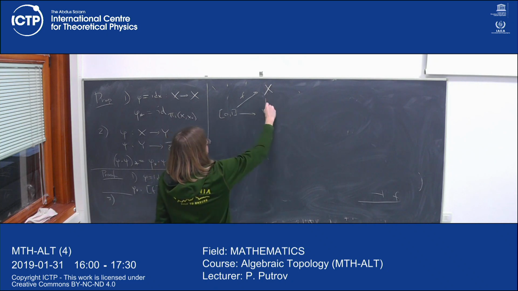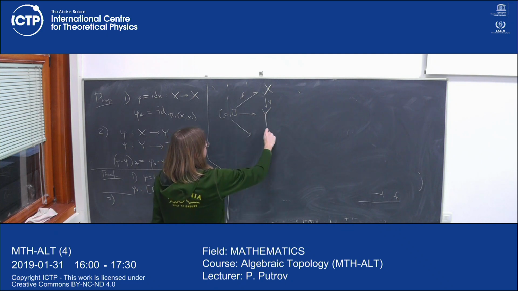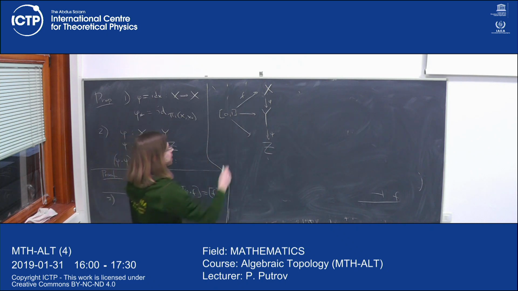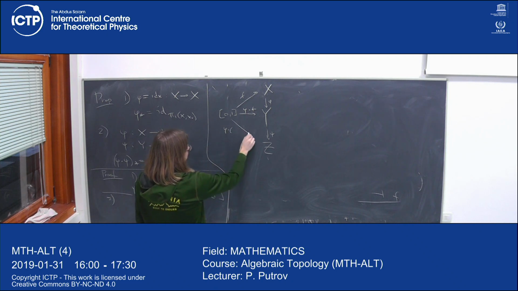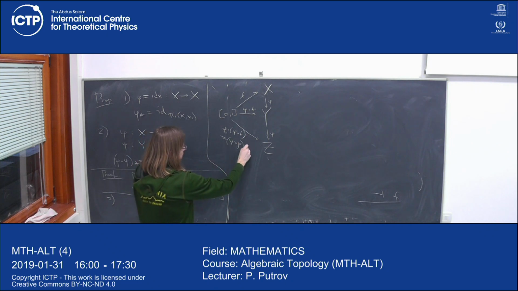I have a map phi from X to Y, and a map psi from Y to Z. Then the loop f is pulled back to the loop phi composed with f, and if we do the same here, we get the composition of psi, phi and f. But this composition is the same, so we can first compose psi with phi and then compose it with f.